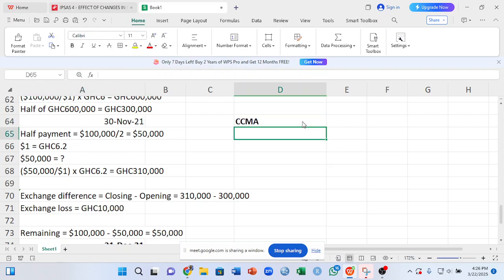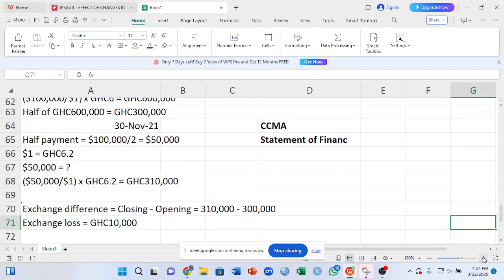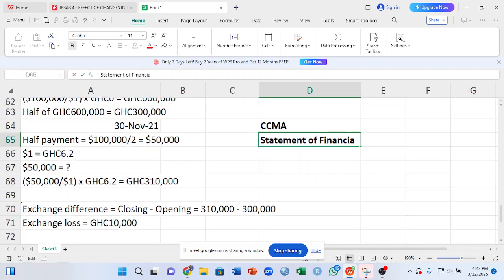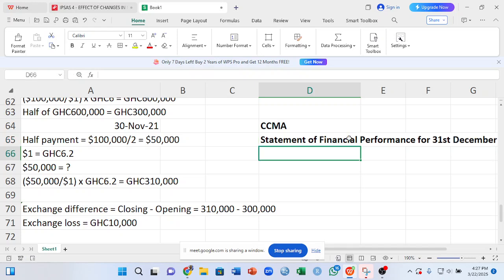Bring the name of the public sector firm, CCMA, and we are preparing the statement of financial performance for 31st December 2021. You bring your currency sign, very important.